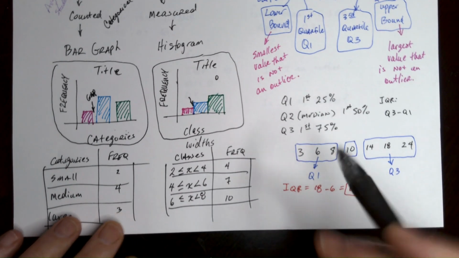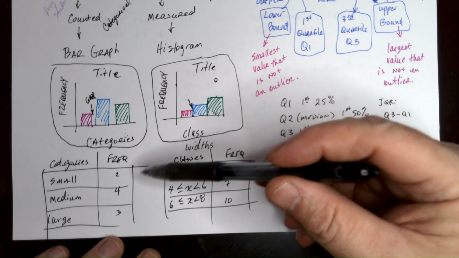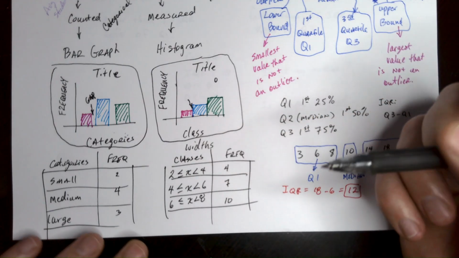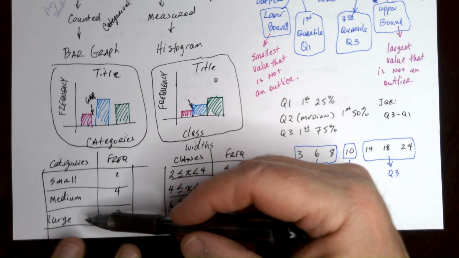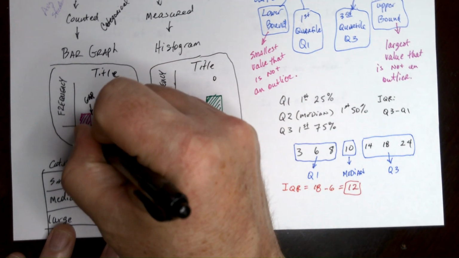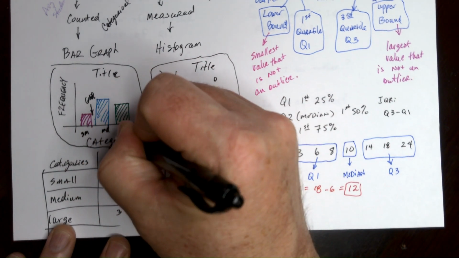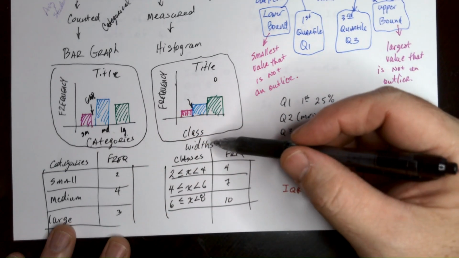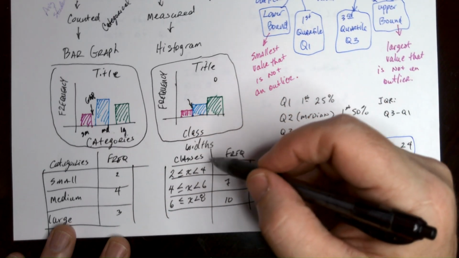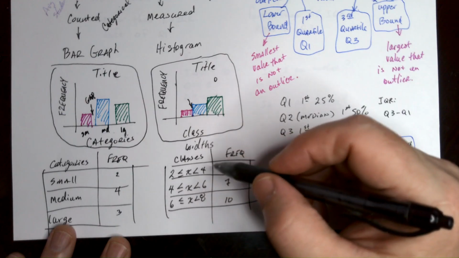All right. And a data table that you'll often see will look like one of these 2 examples right here. So here we have our categories: small, medium, large, and 2, 4, and 3. Whereas if you have continuous data, you have classes and you have boundaries.